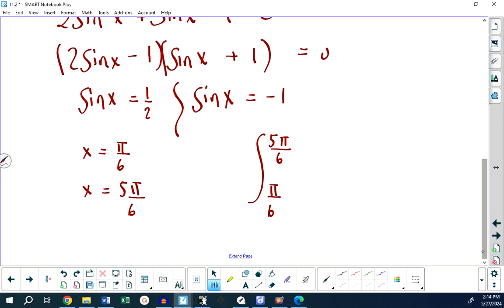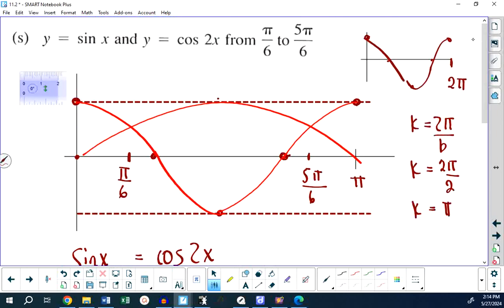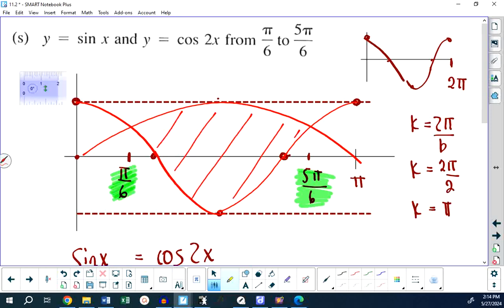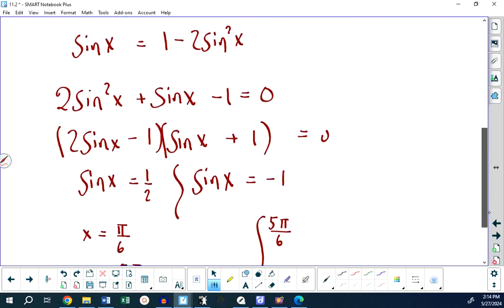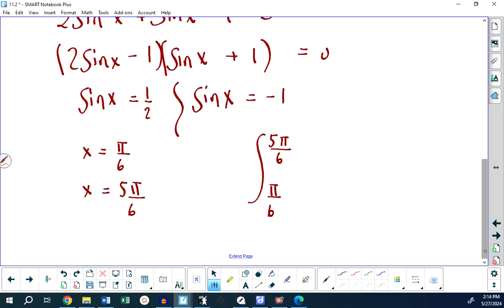Because, everybody, combining my algebra with what I know the graphs must look like, I've confirmed these are the intersection points, and that means I've confirmed that this is the area I care about, and that means that it can be done with one integral where one of the functions lies entirely above the other function in the interval, and it is the sine function that lies above the cosine function.